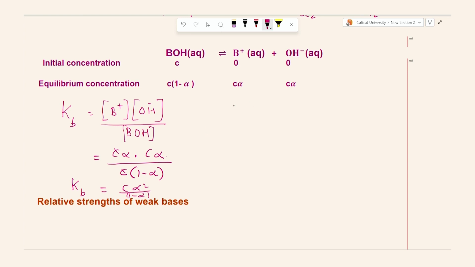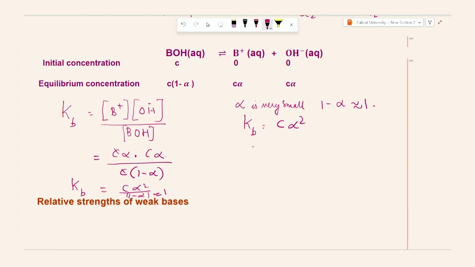Now, again we are going for the approximation. So, alpha is small. You can approximate 1 minus alpha equals 1. So, the expression takes the form Kb is equal to C alpha square, because 1 minus alpha in the denominator turns out to be 1.